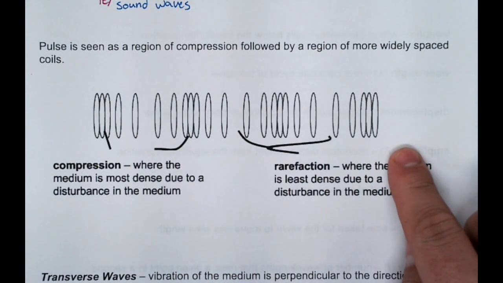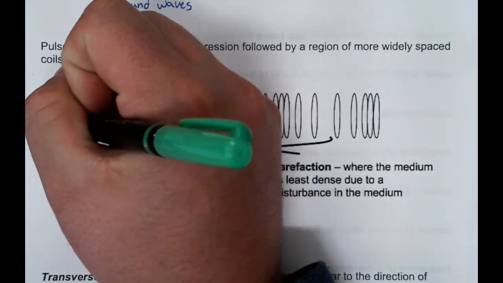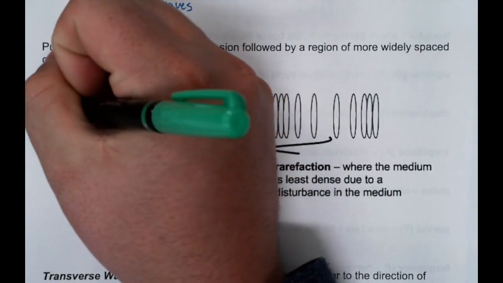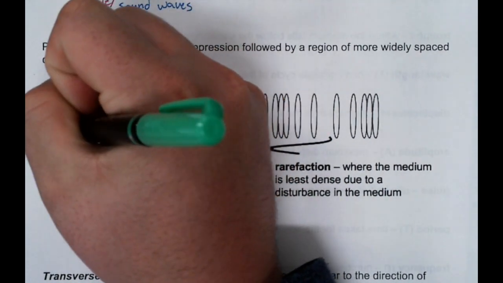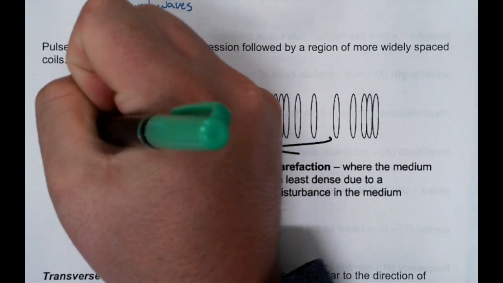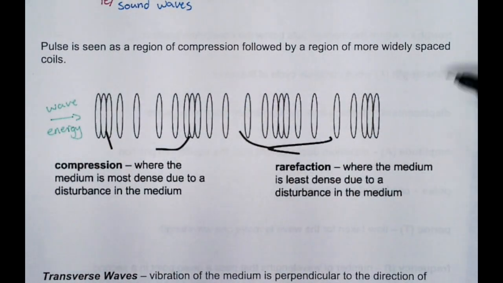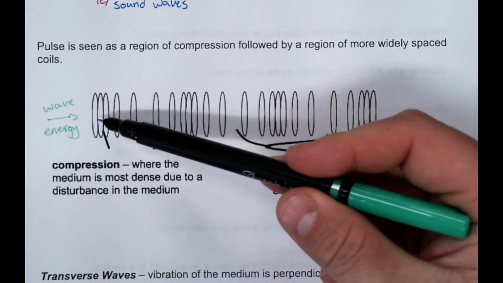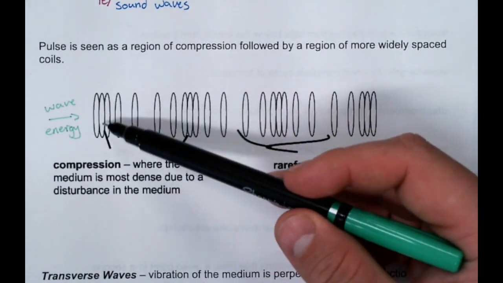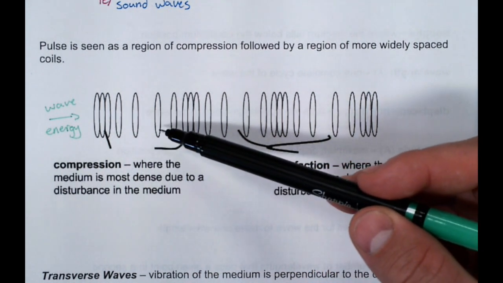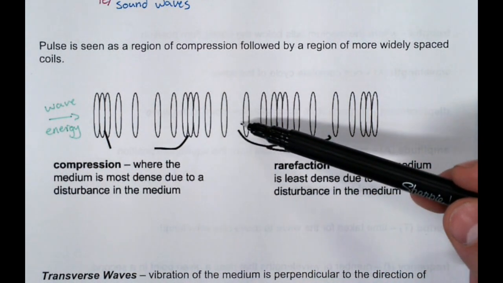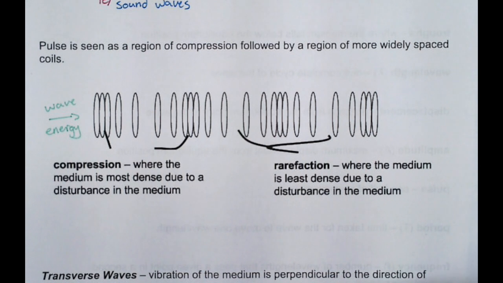If we think about this like our slinky, and I push on the slinky, my wave energy moves as I push it. It's not going up and down, making a wave like you'd think of as a wave. It's pushing. So you get all of these little sections where the slinky's really close together to really far apart, to really close together, far apart, and so on and so on.